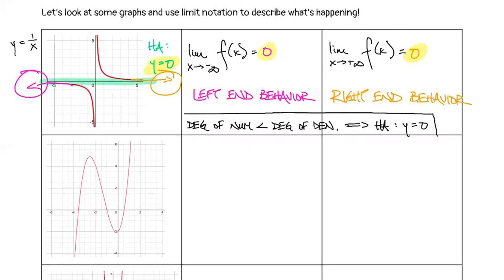All right, let's take a look at this second graph now. If I say the limit as x approaches negative infinity of this graph, what would you say that left end behavior is?